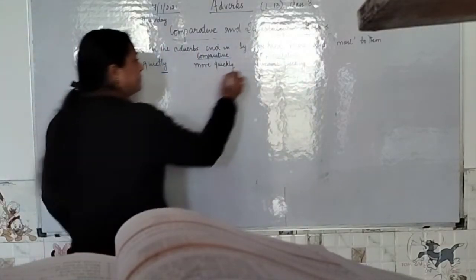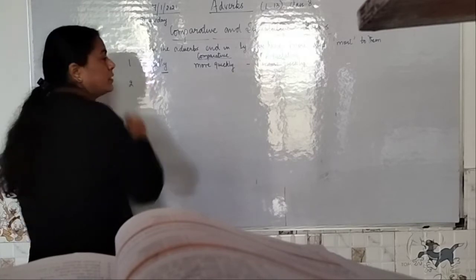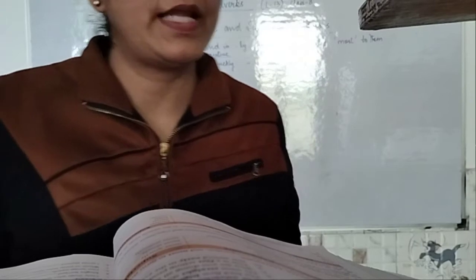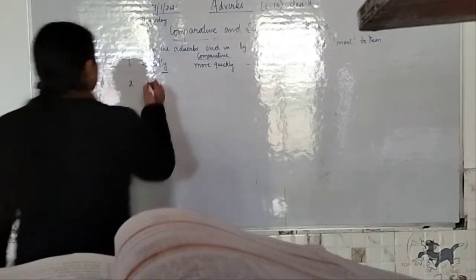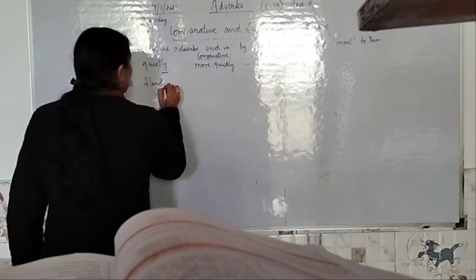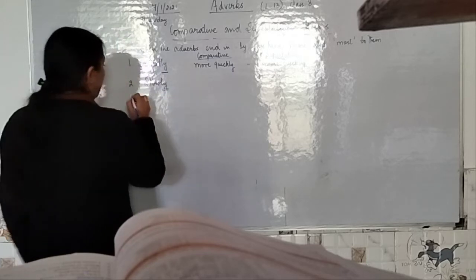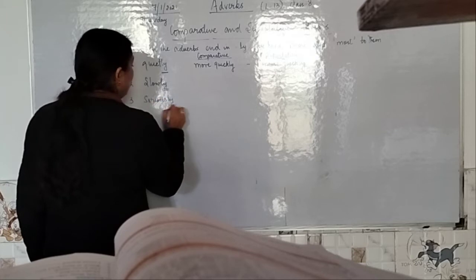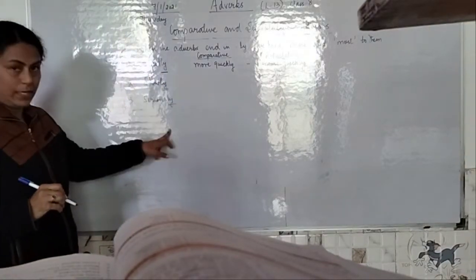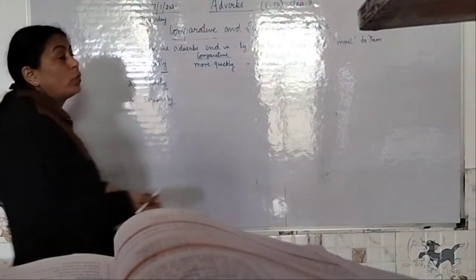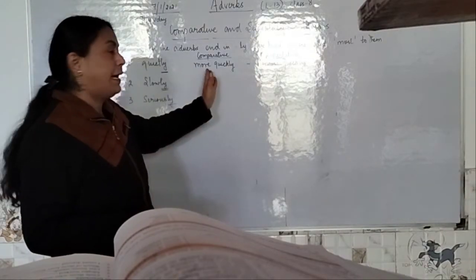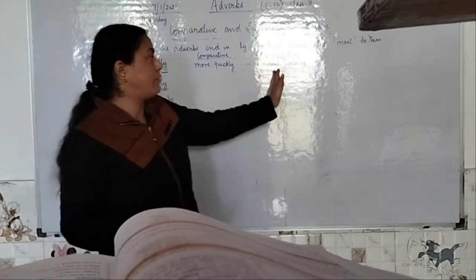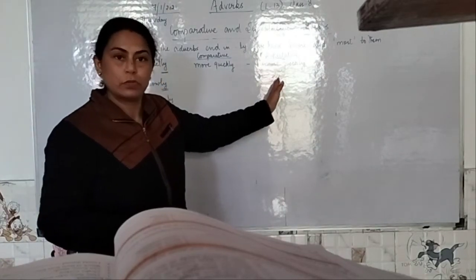Is it clear? Similarly, there are many other words which are changed using more and most, like slowly, seriously. Slowly again ends with ly, and third is seriously. You will find many words that end with ly, and we have no other option but to add more for the comparative and most for the superlative.